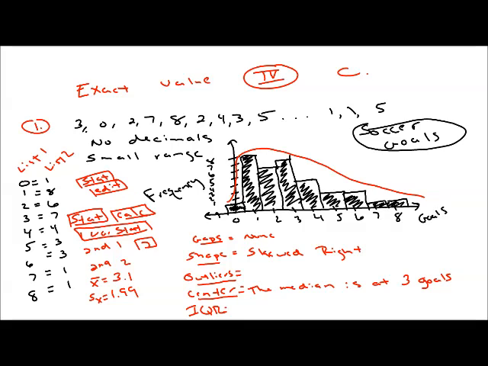For spread, we're going to use IQR, the middle 50%. To define IQR, I have to know Q1 and Q3. Q1 is 1, Q3 is 4. So it is 4 minus 1, 3 goals.